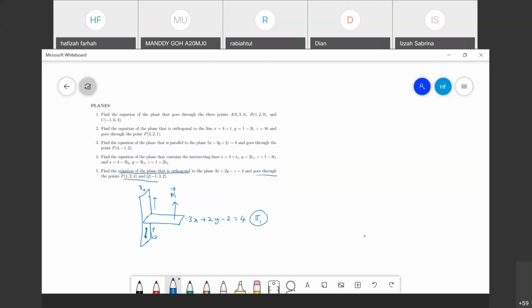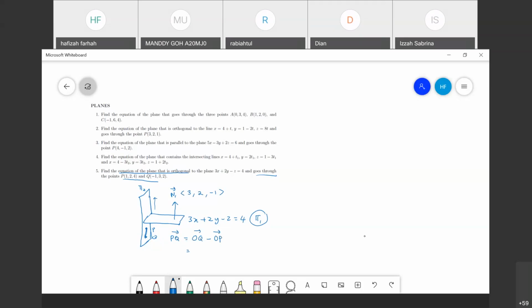Now from here we can find the equation of the plane, where first we identify the normal vector. The normal vector for plane 1 is given as (3, 2, -1). And our PQ can be obtained by calculating the vector OQ minus OP.